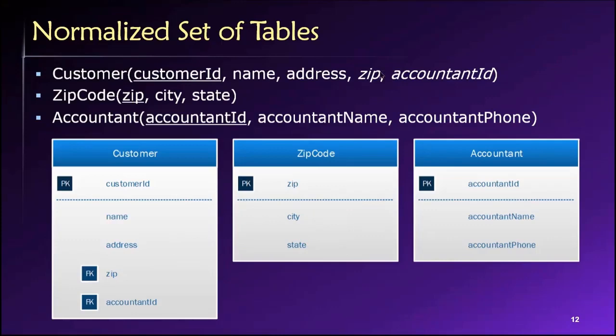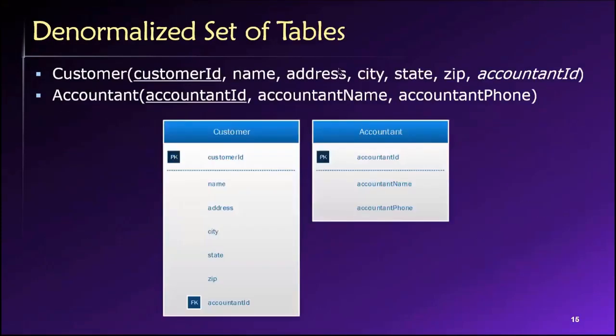Now let's contrast that with this denormalized solution that we see here, where we have merged our zip code table into our customer table. Again, we imagine that we are the database and we say, how would I solve this problem? Hey, database, give me the complete address information for customer number 7.